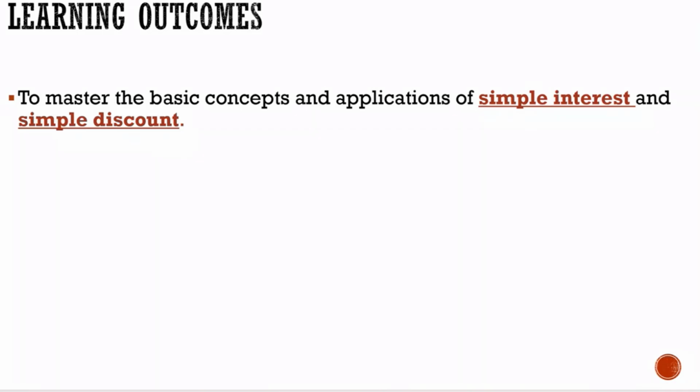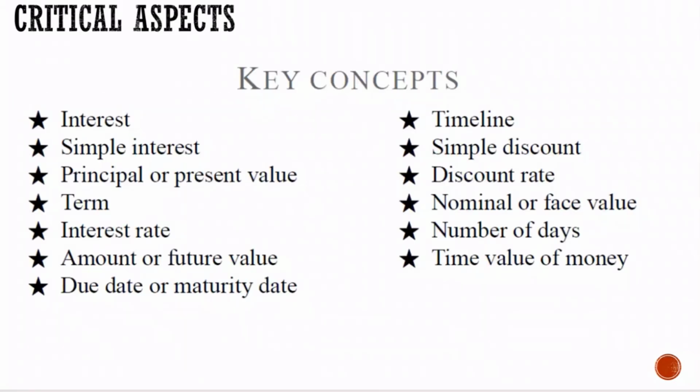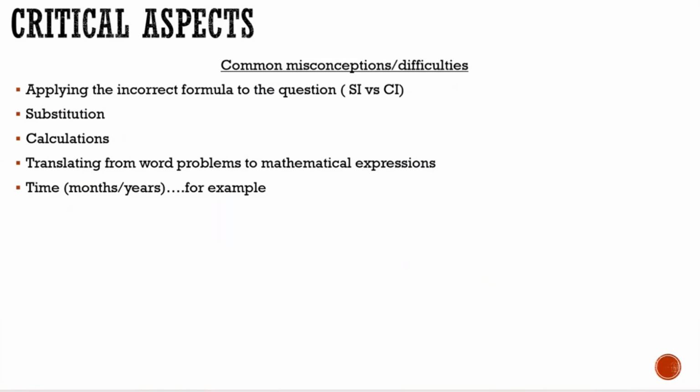The critical aspects are the word interest, the simple interest, the principal or the present value, the term, the interest rate, the amount or the future value, the due date, the timeline, simple discount, discount rate, nominal or face value, number of days, and so on. These are the important aspects that you need to know when we are talking about simple interest. So the critical aspects, I named these ones.